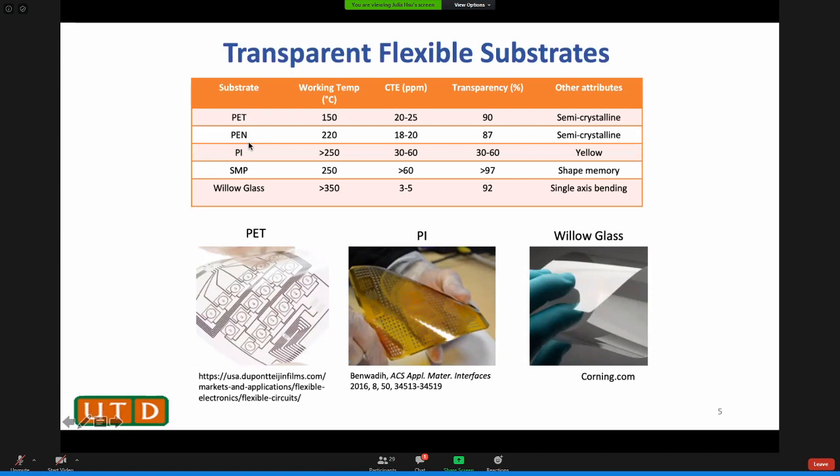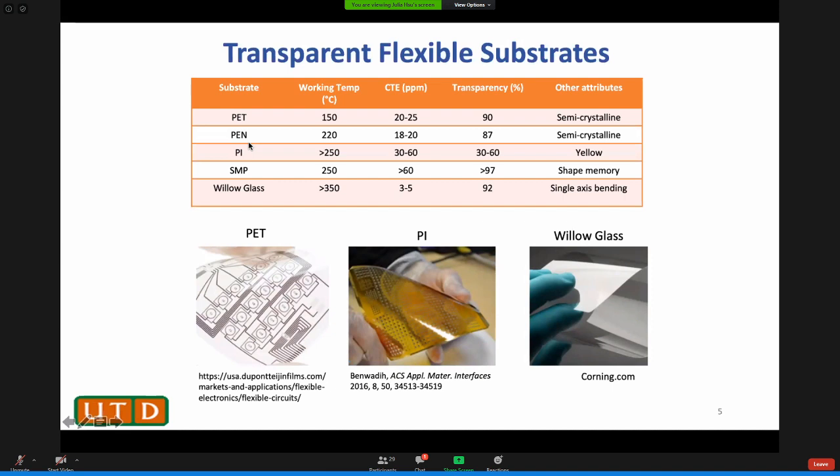It's 100 micron thick. So the one thing I want to point out is the temperature. PET is the cheapest and it's most widely available. You can't really go above 150 C. Just burn it. Willow glass I mentioned is a glass, so it has very different properties from the other substrates.